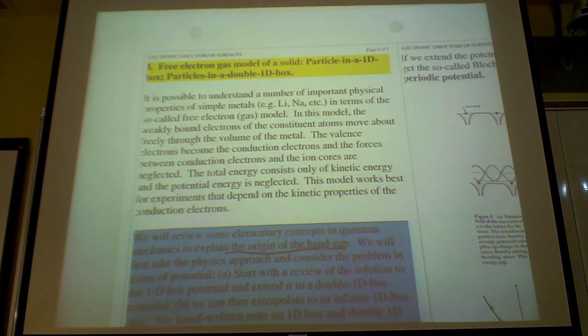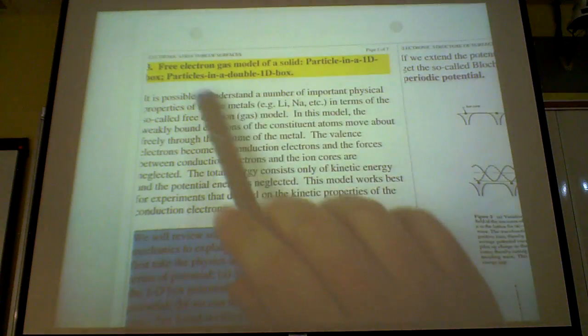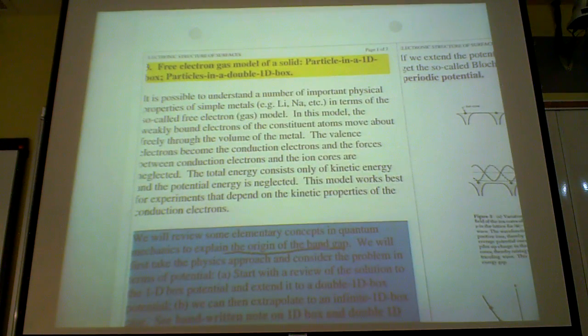Okay. So what I'd like to do is to tell you a little bit about the free electron gas model, right? And then I'd like to talk a little bit about particle in a box, both in a one-dimensional box and a particle in a double one-dimensional box, two one-dimensional boxes, as a way to give you some firm basis, if you like, to see how the mathematics arises to give you this band gap structure that you see.